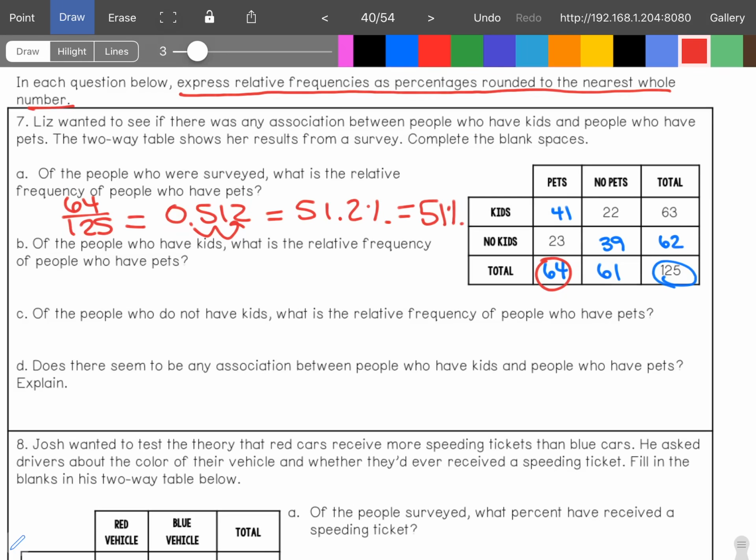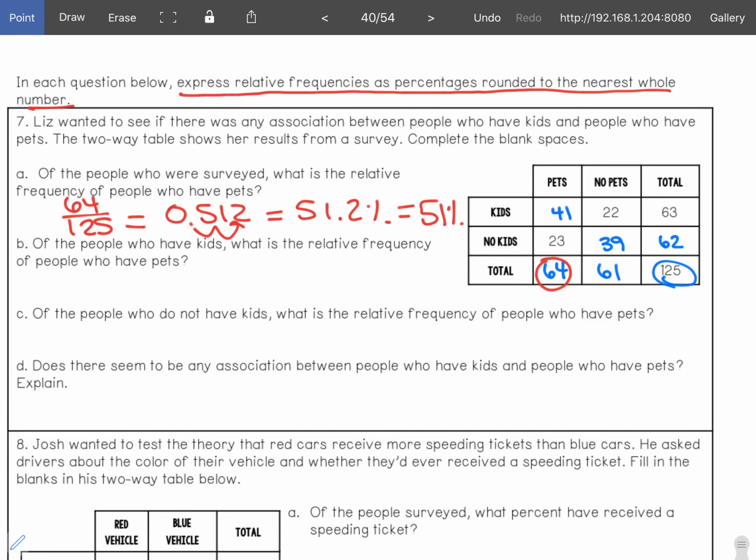Okay, part B. Of the people who have kids, so now we're looking at this 63 here. These are all the people that have kids. What is the relative frequency of people who have pets?